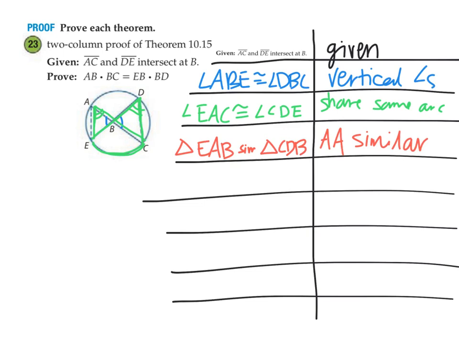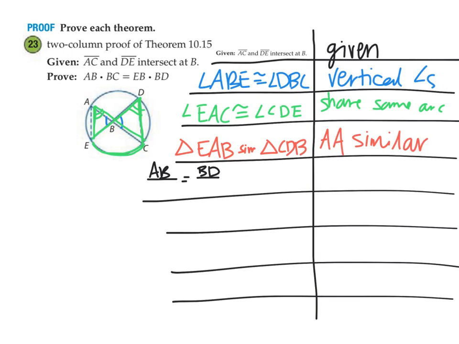And what do we know is true about similar triangles? We know that the proportion of their corresponding sides are going to be congruent. So side AB is going to be corresponding to which other side? AB is going to be side BD. Those are corresponding sides.